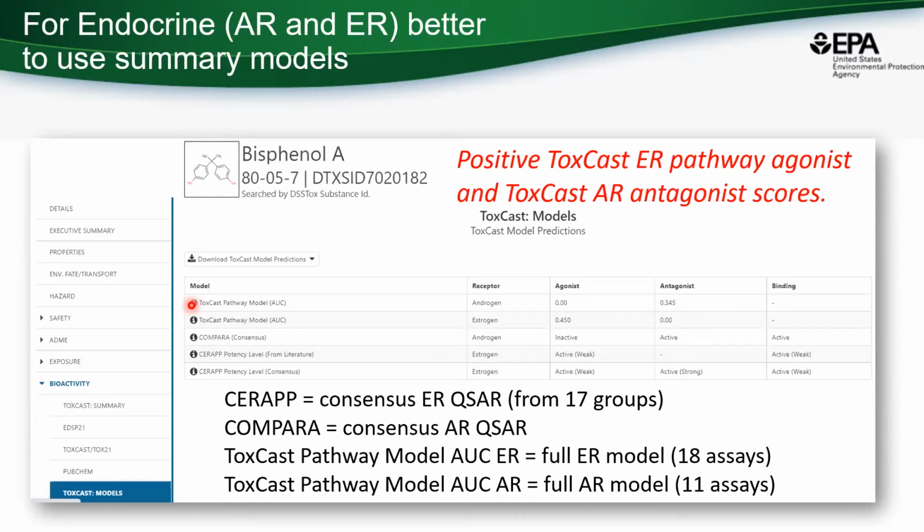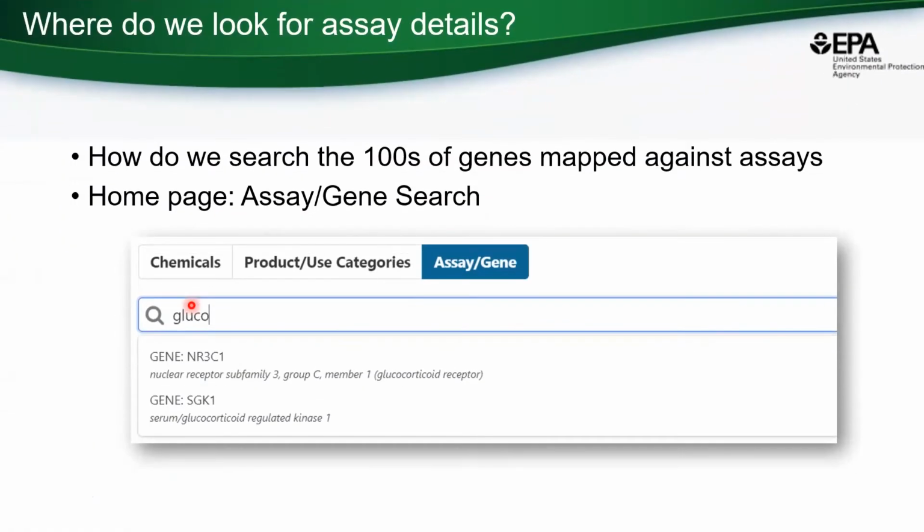So you will see these informational icons scattered across the application, and they're there to help you understand how we do things. And I mentioned, Catherine will go through product use categories, and the bioactivity data you can probe and search based on a particular assay or gene. If you're looking for a specific assay vendor, you can search it right here. If you're looking for a specific target, you can search it through the assay gene search right here.